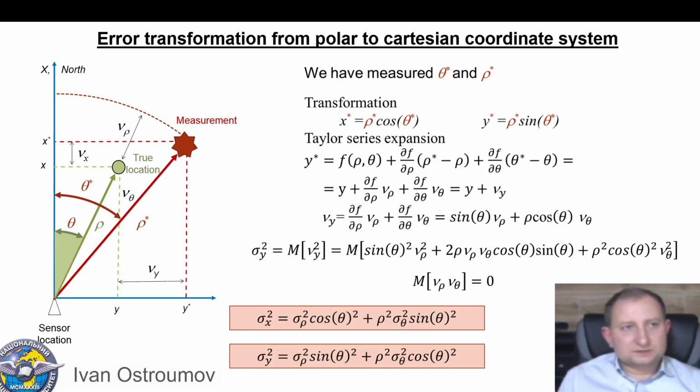So just take a whiteboard, write your formula for the z-axis, taking into account the elevation angle, and then present me sigma z, and I will check if you're correct.